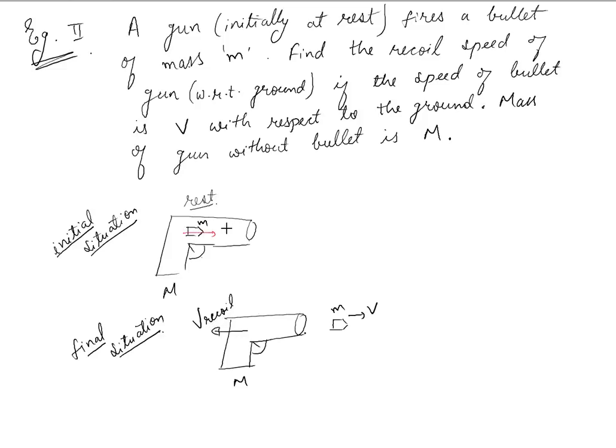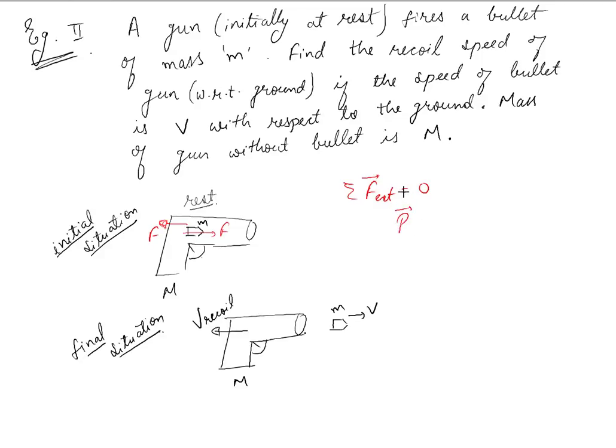The gun must be exerting some force on this bullet, because of which it will start moving, and in reaction this bullet will also exert a force whose magnitude will be the same as this force, but the direction of the reaction force will be opposite. But these two forces will be internal forces for this system, so for this system also the summation of external force is equal to 0, so we can apply conservation of linear momentum for this system.